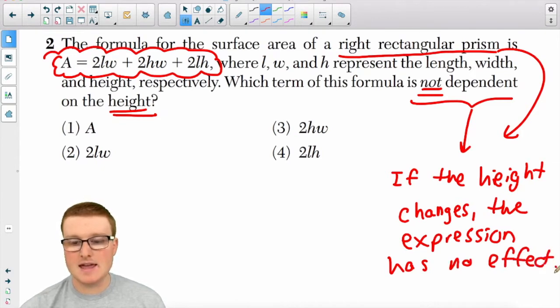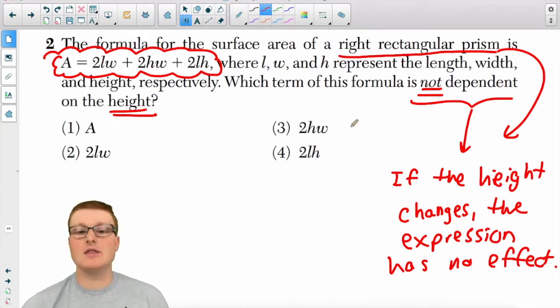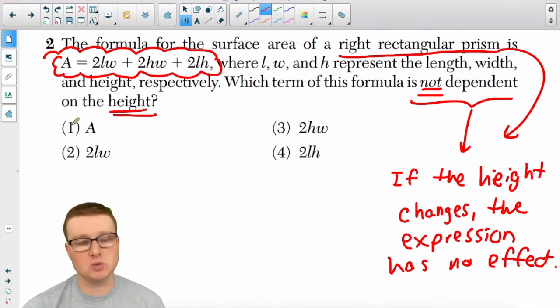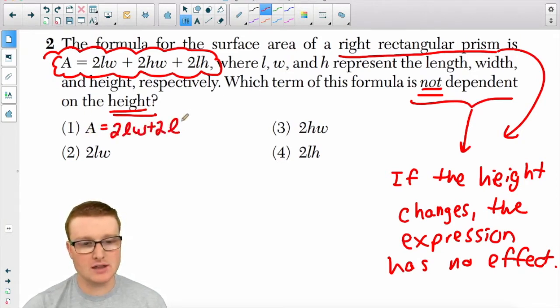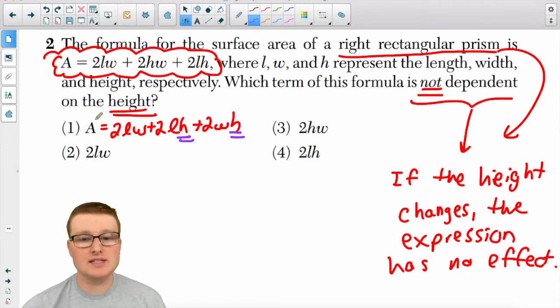Meaning, if you change the height and you look at an expression and nothing changes, that is your answer. So let's take a look at choice 1, the letter A. Well, A is equal to 2 length width plus 2 length height plus 2 width height. So what if you change the height? Well, if you change the height, the surface area will change. So this is actually dependent on the height.